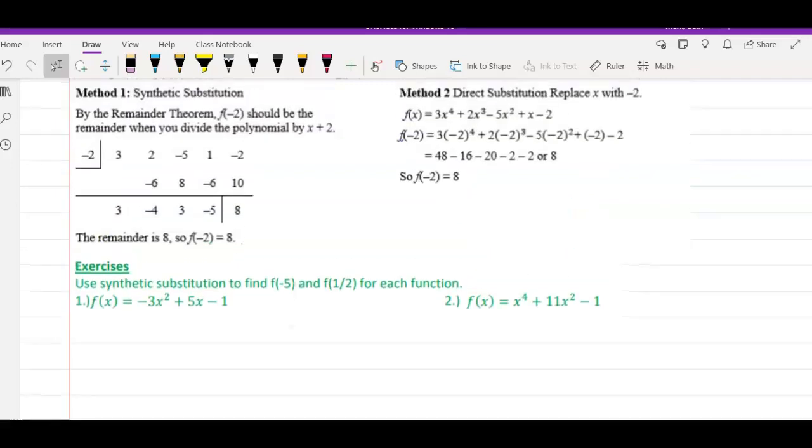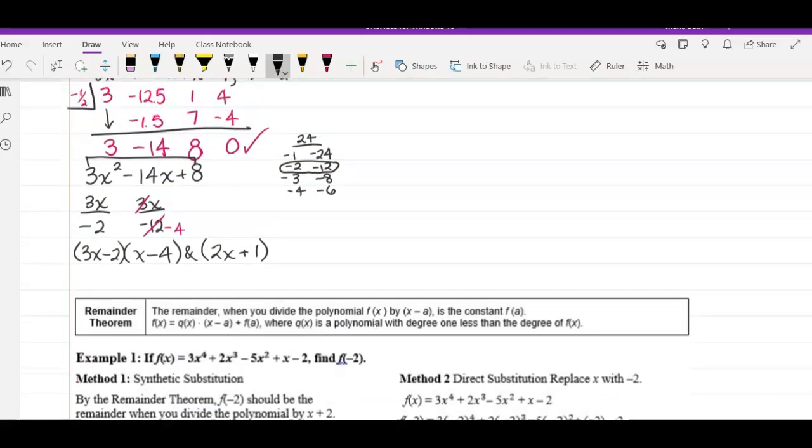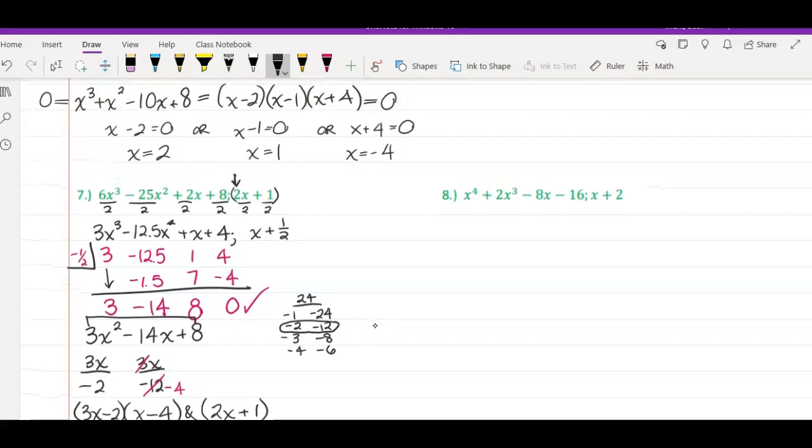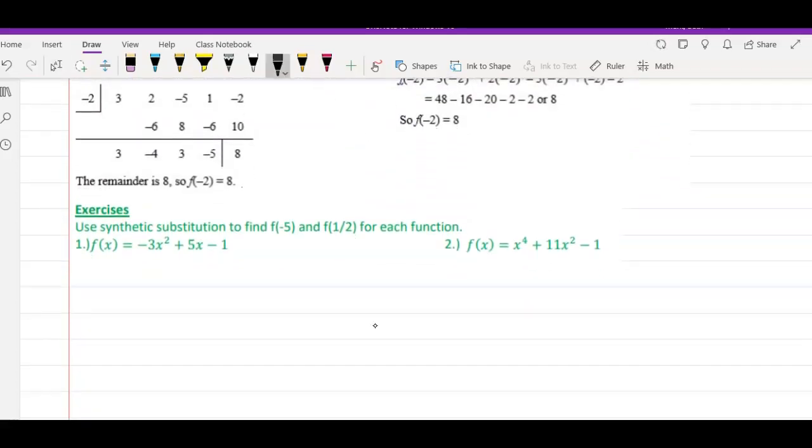Now, the only difference is you don't put the opposite number into the box as we do when we start with a factor. When you start with a factor, you're going to take the opposite of what's next to the x. Here, there is nothing next to an x, it's just -5. So we're going to put -5 in the box.